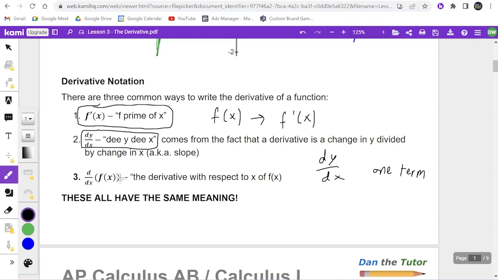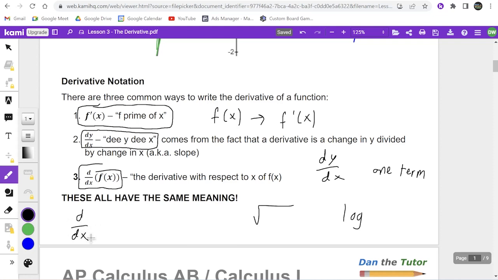And then the last way, the most formal way you can write the derivative, is you can say the derivative with respect to x of f of x. What this basically means is, you know what the square root symbol looks like, right? It's a square root. You know what a log looks like. Basically what we're saying is the derivative operator has its own notation.